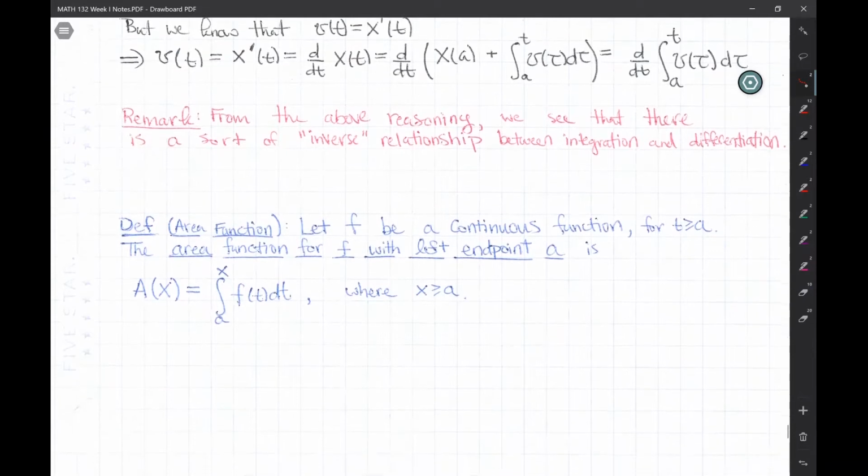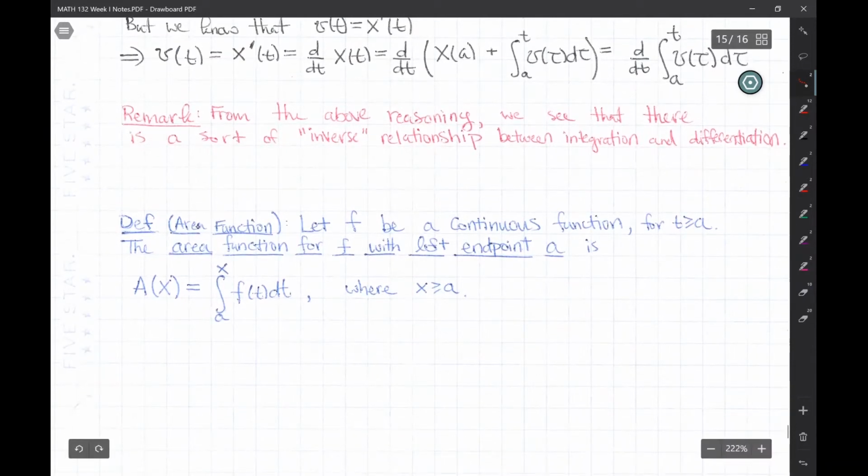Okay, we're gonna need to use something called the area function here. So let f be a continuous function for t greater than a. The area function for f with the left endpoint a. So a is part of the definition of that area function. We're starting to integrate at t equal to a up to some arbitrary x.